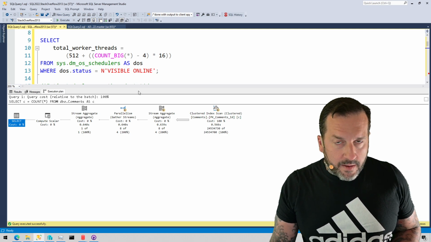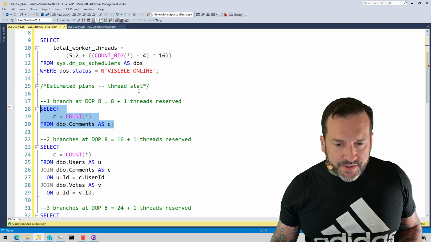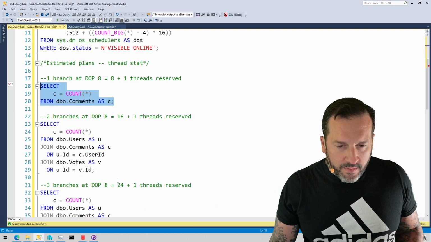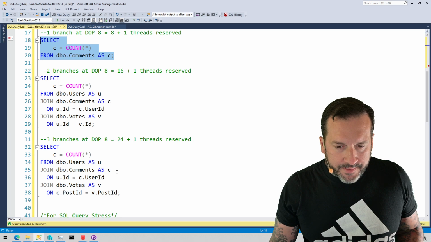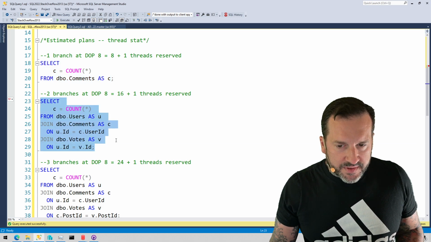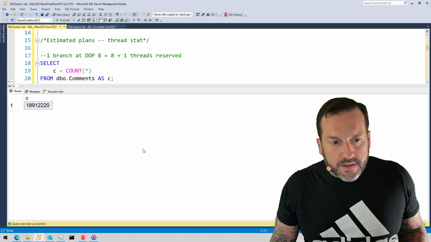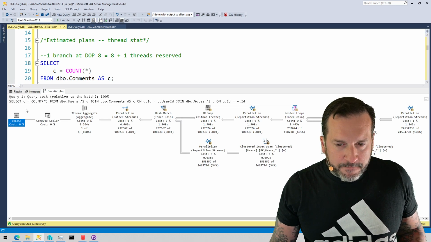Now that's a parallel query that has just one single branch. If we run this query, which will join a couple other tables together, and we look at the query plan, eventually it'll show up, I promise.